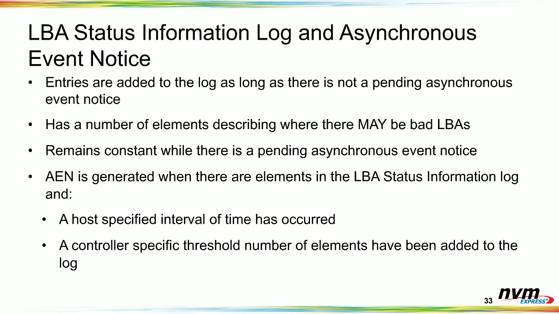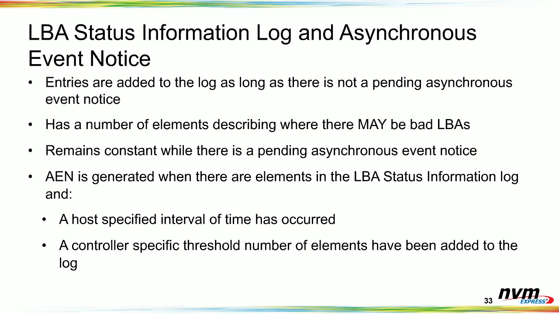So the LBA status information log and asynchronous event notification. Entries are added to the log as long as there is not a pending asynchronous event notice for this particular event, for your LBA status information log.